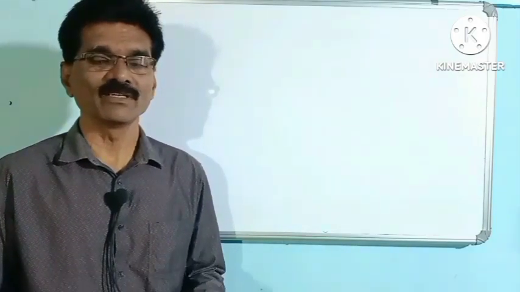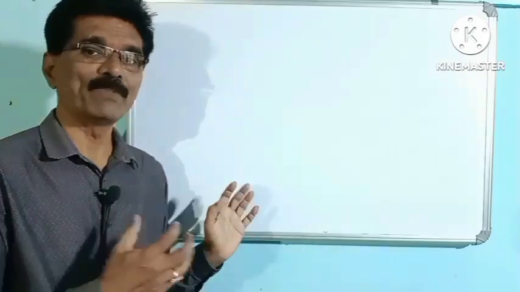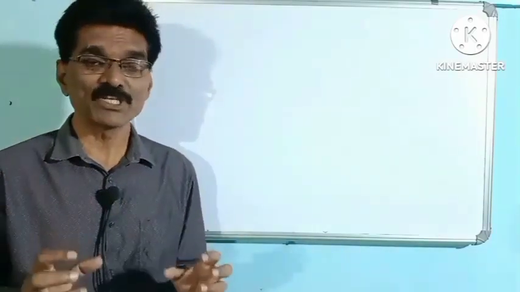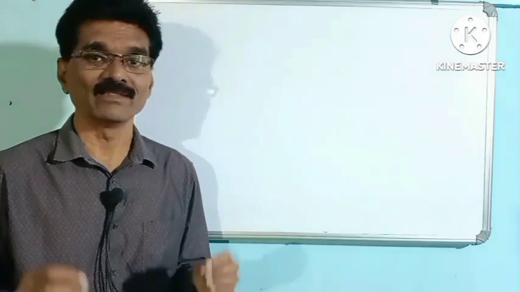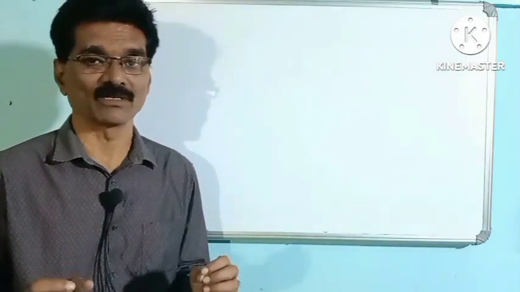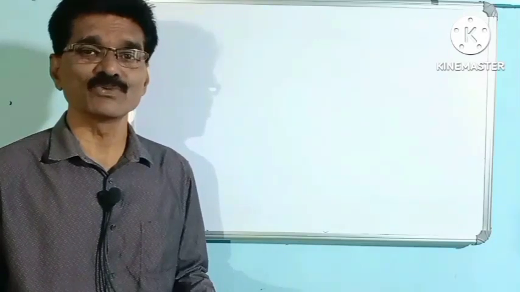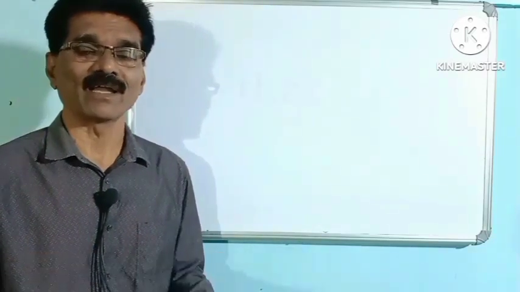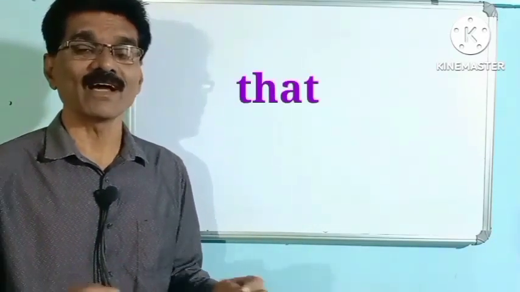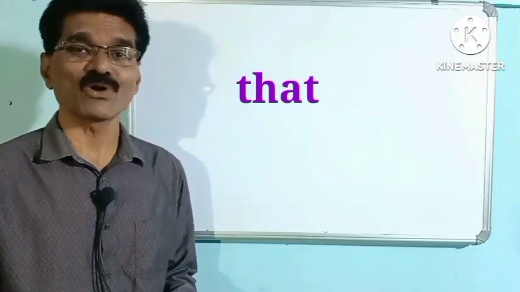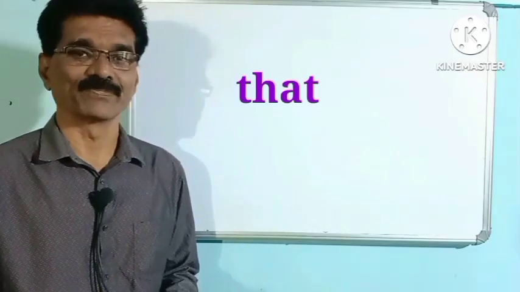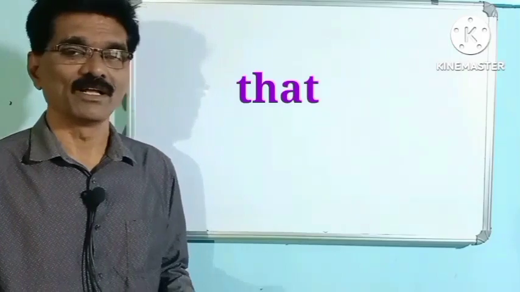So to begin with, I would like to give you a picture here. This picture has to be kept in your mind. This is very crucial. For all the types of sentences, most of the students use only that. He told that. He asked that. This is wrong. You can't use it. Now you follow this.